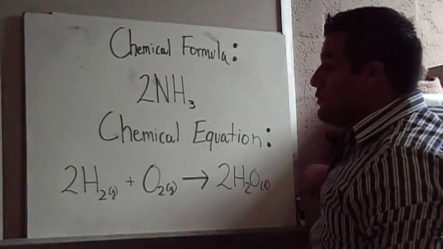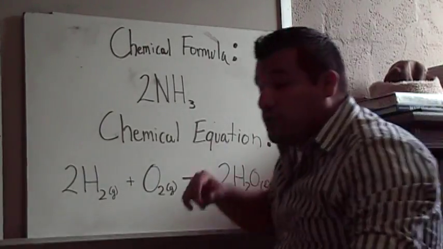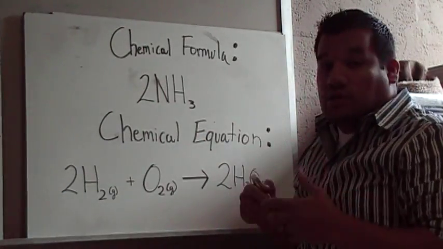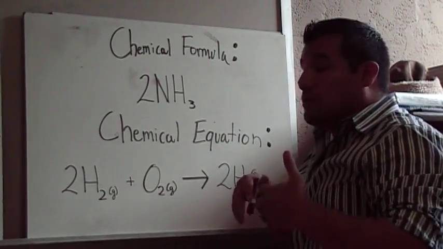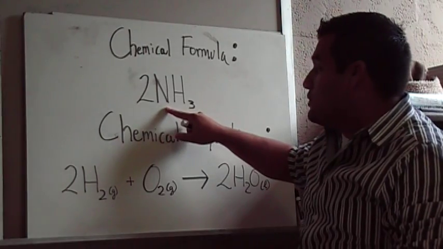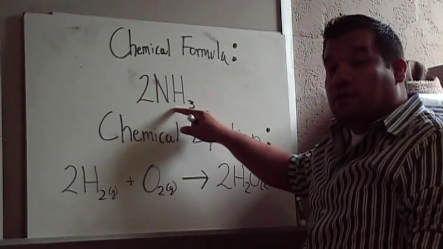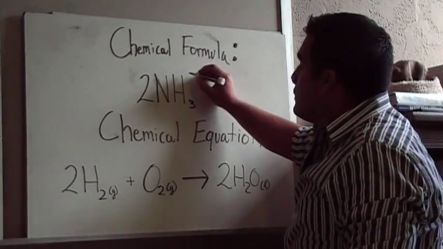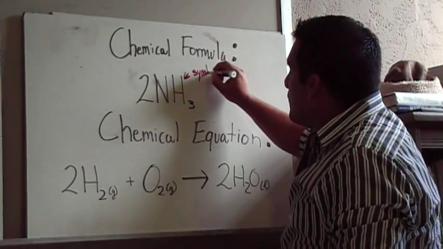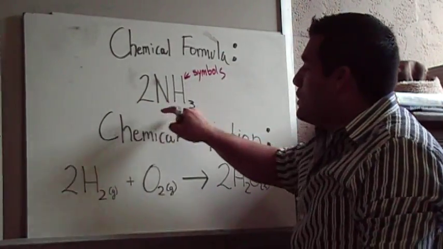Okay, chemical formula. A chemical formula is basically just shorthand or a representation of a compound or element. If you look on the periodic table, N stands for nitrogen. H stands for hydrogen. These are the symbols. But we notice two other things.